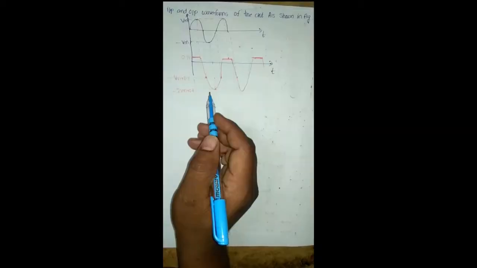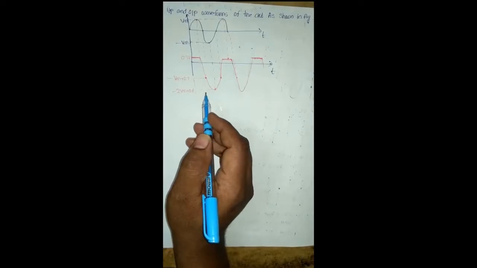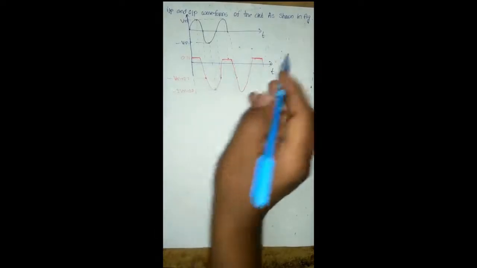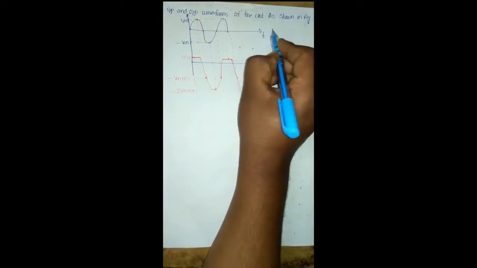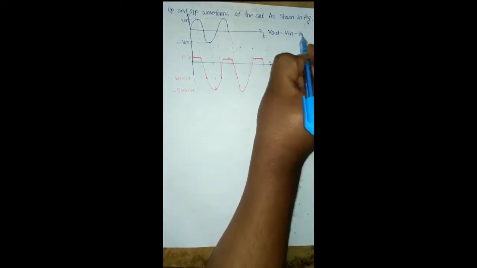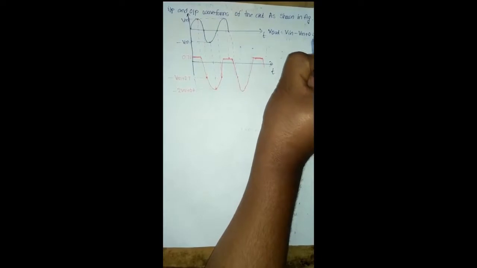These are the input and output waveforms of the negative clamper unbiased circuit with the practical diode. We know that the output voltage of this circuit is Vout equals Vin minus Vm plus 0.7 volts.